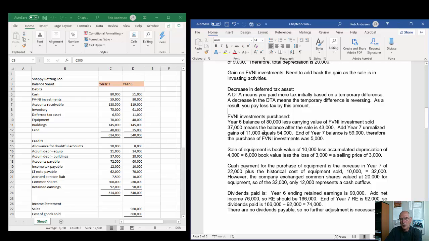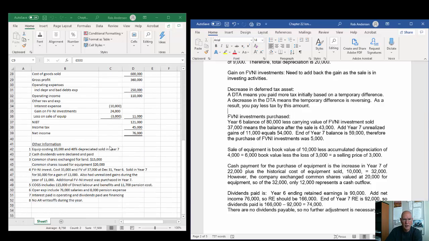Now, you sold investments that had a book value or carrying value of 37. I'm going to show you this down here. They cost 35, but on December 31, year 6, you had done your unrealized gain, and they are now sitting on your books at 37.